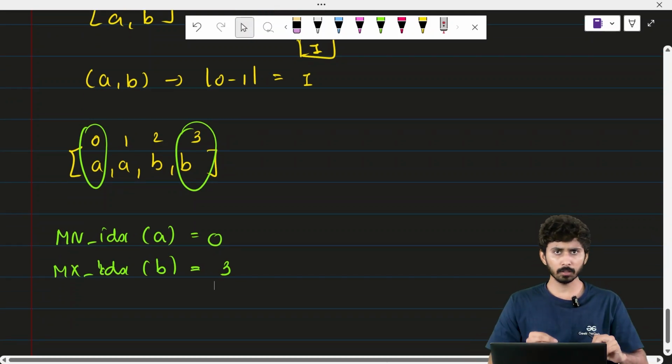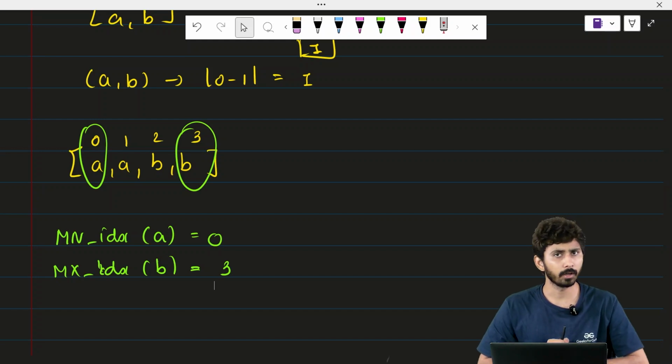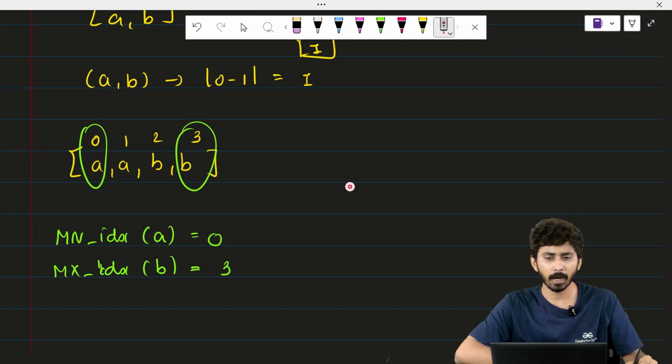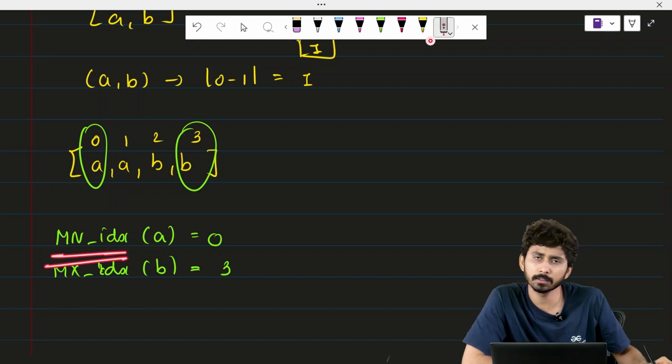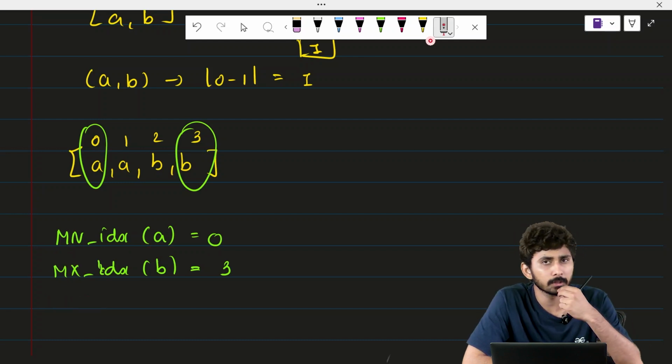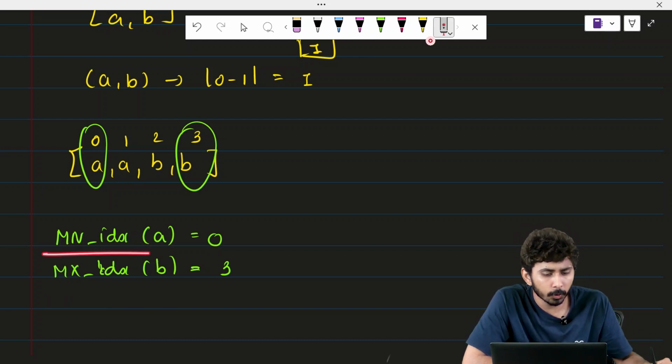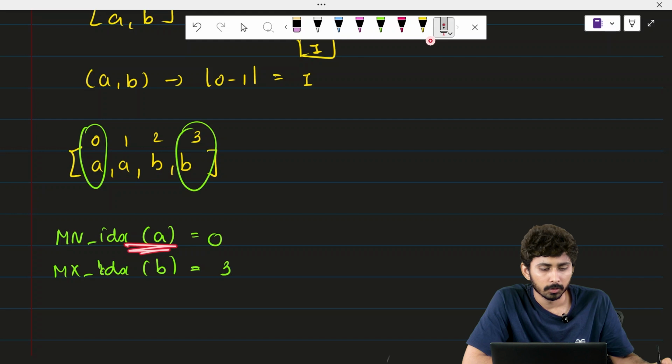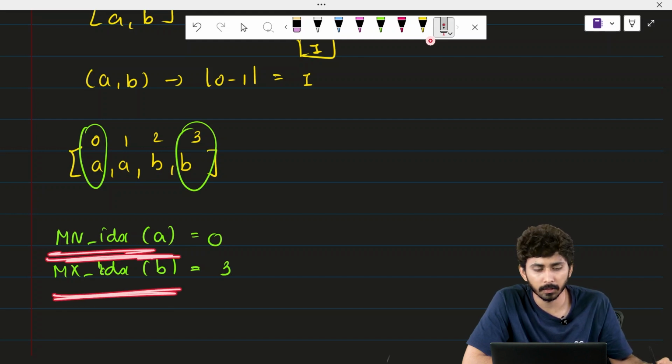So finding out all the pairs will not be beneficial over here. So what I will do is keep track of the minimum index and maximum index for every element. Now we might be confused, like, why do we need to keep the minimum index and maximum index of both the elements? So here you are saying that the minimum index of A minus the maximum index of B is sufficient.